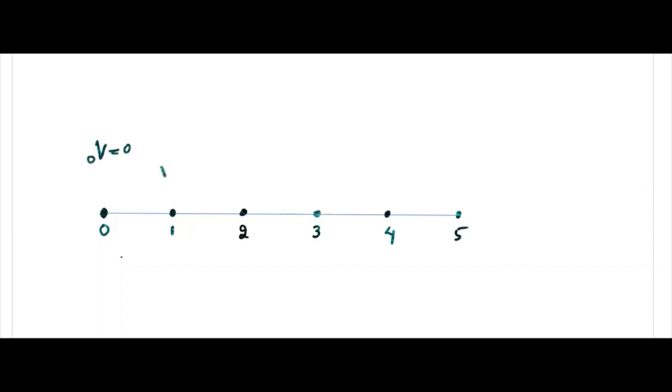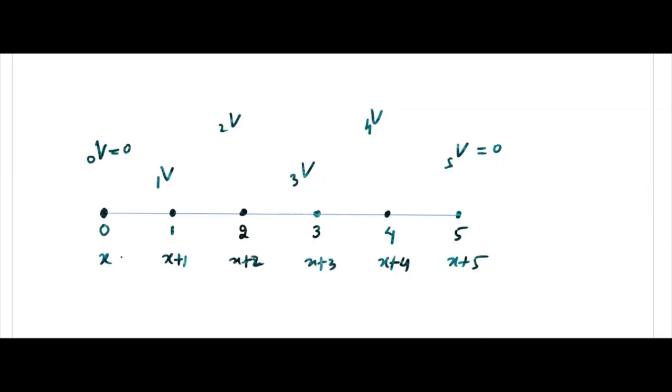You tell me what is V1, then V2, V3, V4. V5 will be 0. No reserve required because it's a 5-year one. What will be the reserve here?